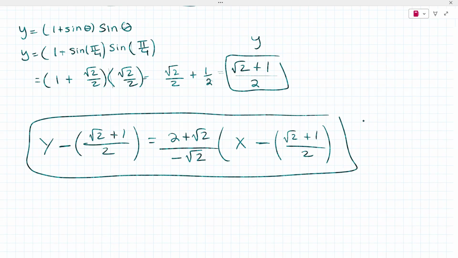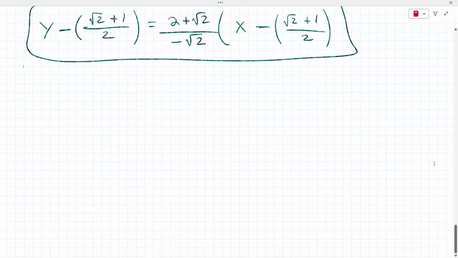So if you want to look at the bigger picture, because in part C we have to find the horizontal tangent and the vertical tangent, let's draw the image.